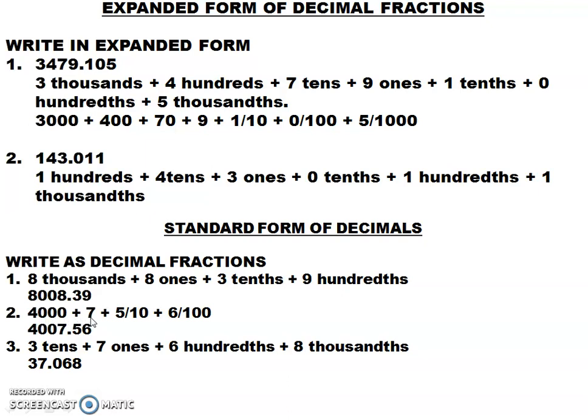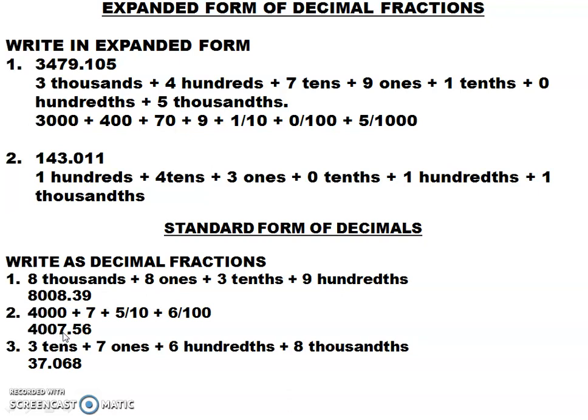After 4000, you are getting only the ones place. So here also, which numbers are missing? The hundreds digit and the tens digit are missing. Plus 5 by 10 plus 6 by 100. So the first digit is 4. Hundreds place is 0. Tens place is 0.